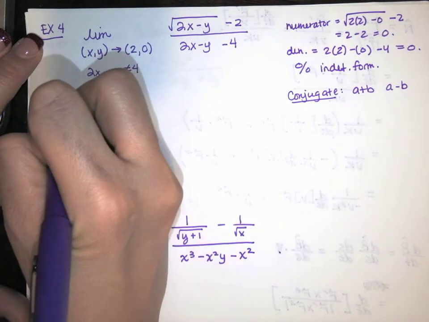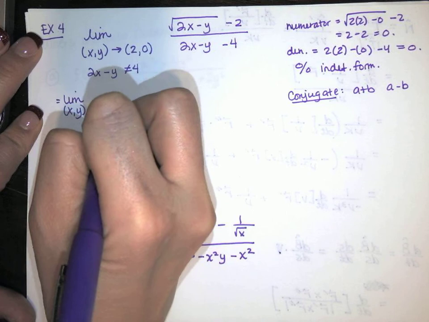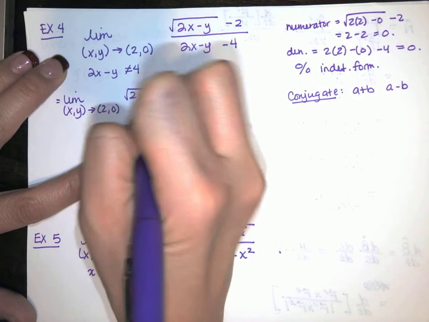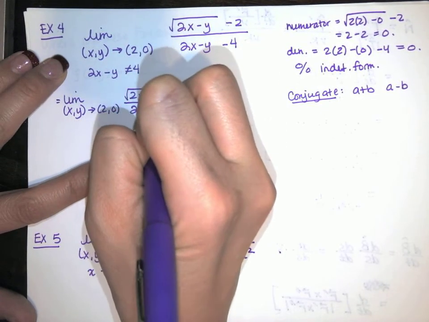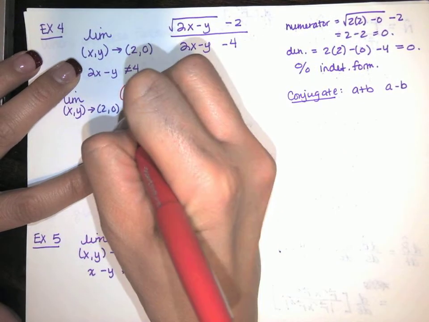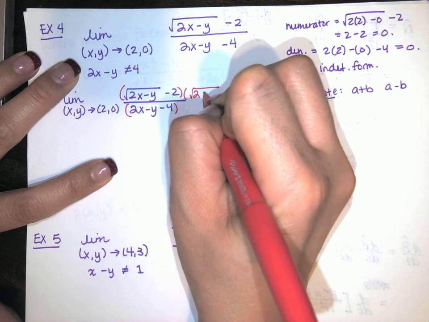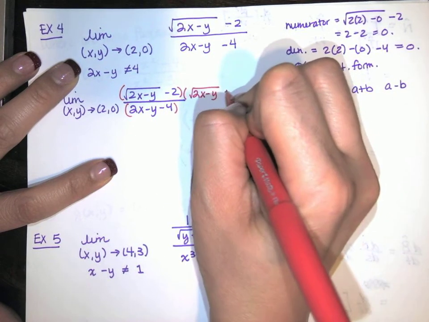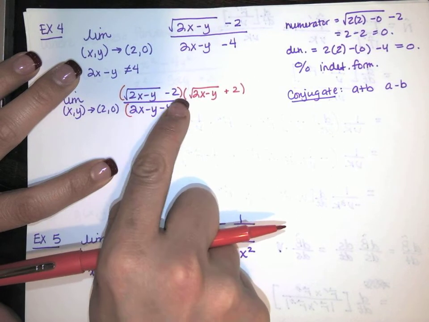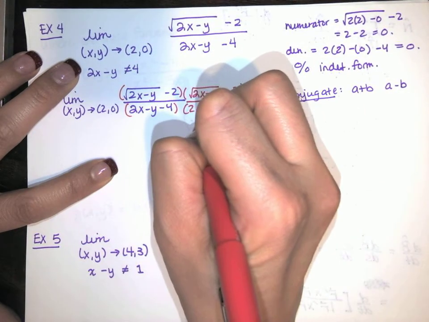So we're going to have the limit as (x,y) approaches (2,0) of this, and we're going to multiply and divide by the conjugate. That stays the same, the 2 stays the same, but that minus becomes a plus. And you're going to do the same thing in the denominator.